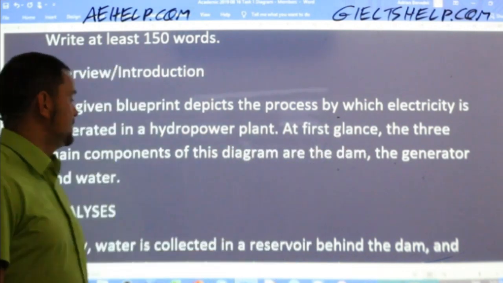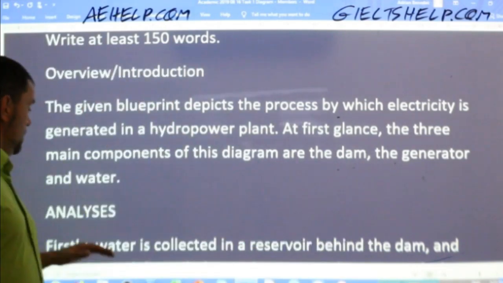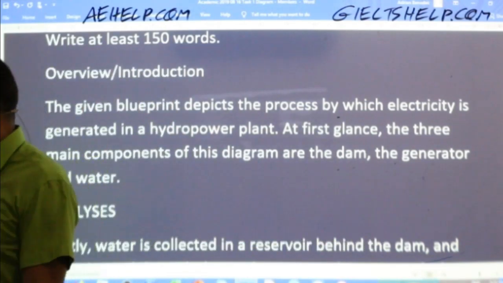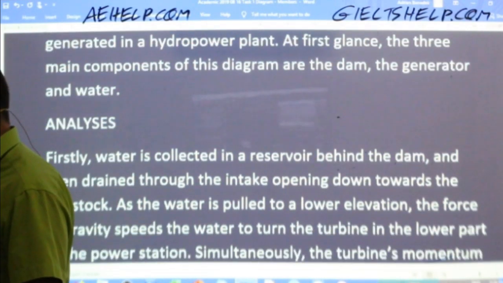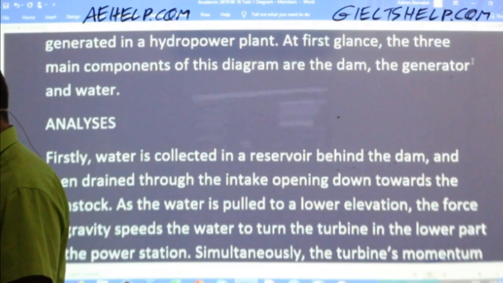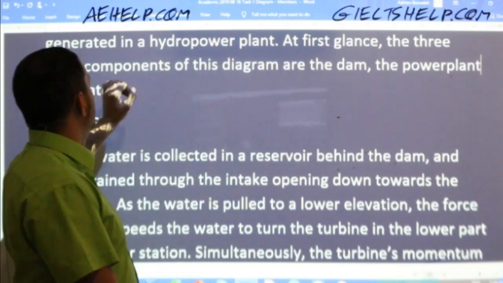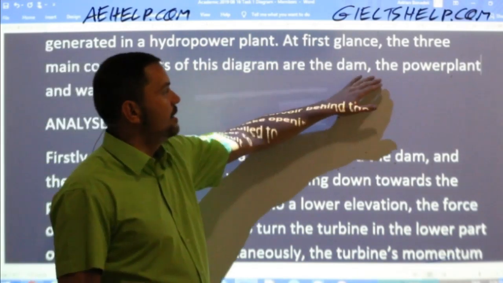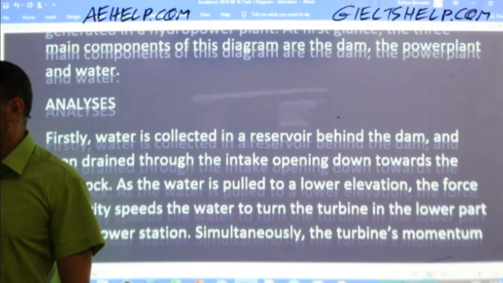At first glance, the 3 main components of this diagram are the dam, the generator, and water. And instead of generator, I'm going to go with power plant. I think that reads better. Okay, so it's more accurate. So at first glance, the 3 main components of this diagram are the dam, the power plant, and water.